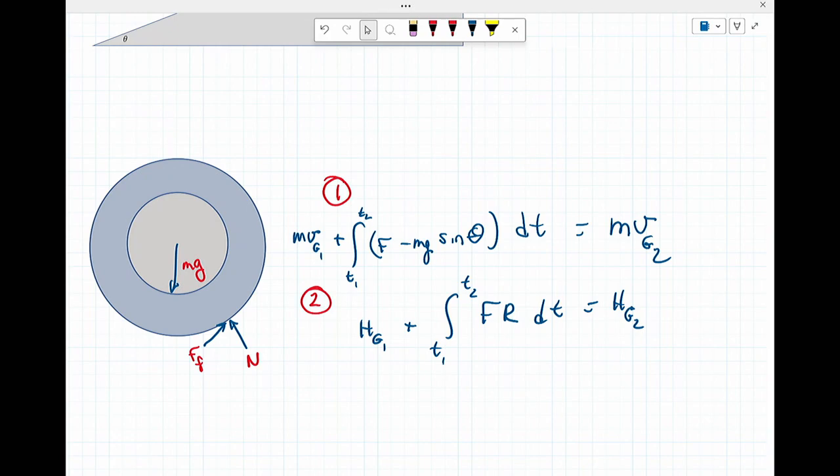And good for me, I'm keeping everything consistent with my order of rotation, and so counterclockwise is positive.